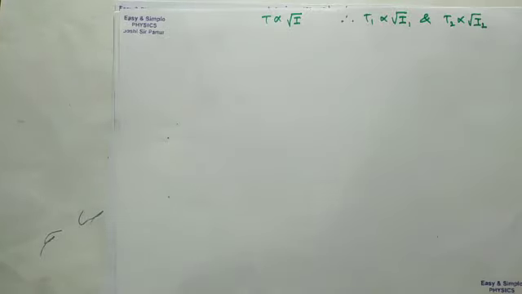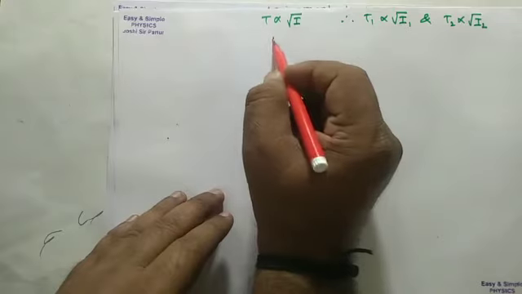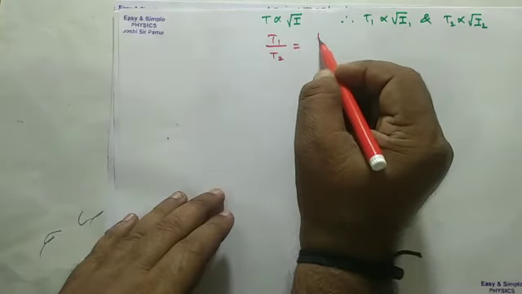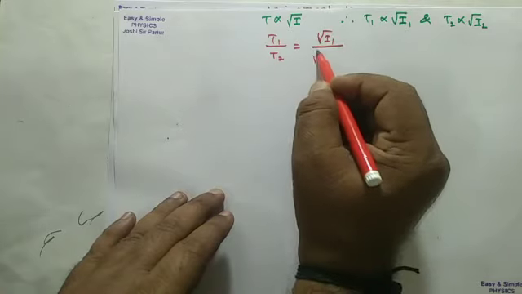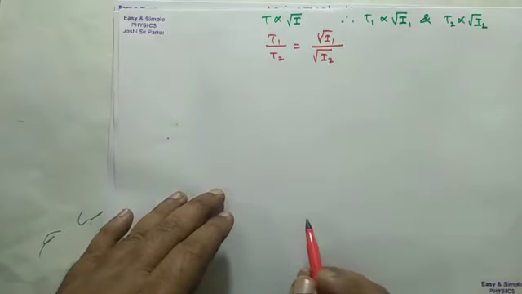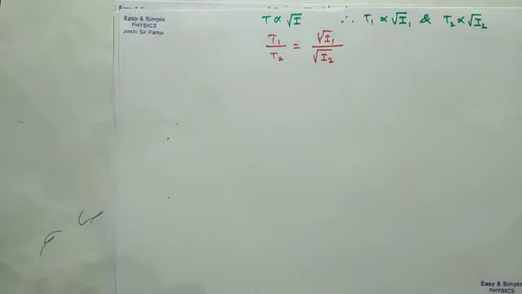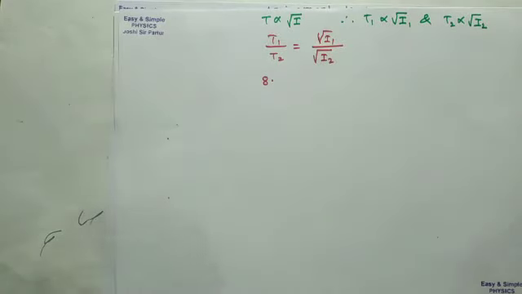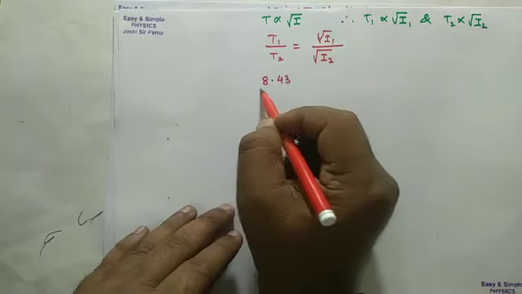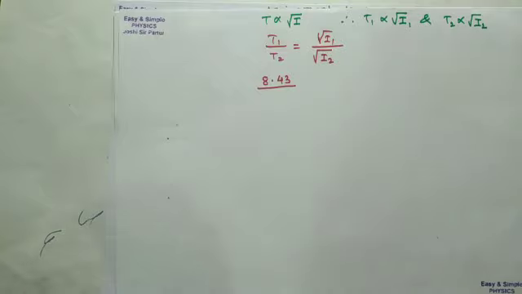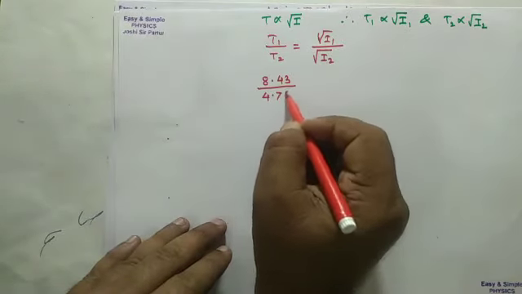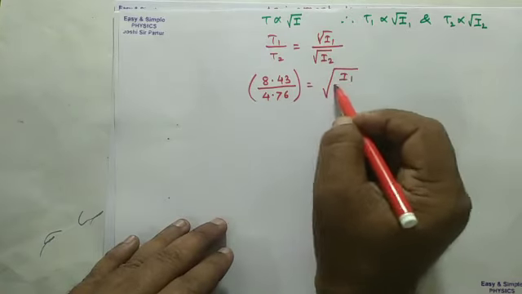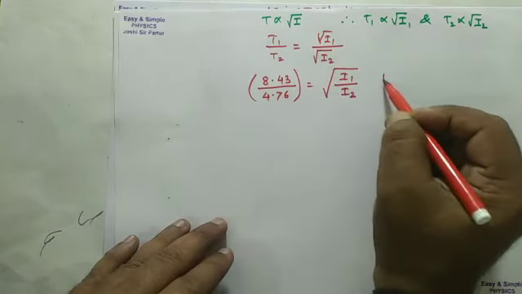Again, if we divide T1 upon T2, it becomes square root of I1 divided by square root of I2. Substituting the values of T1 and T2, 8.43 divided by 4.76 is equal to square root of I1 upon I2.